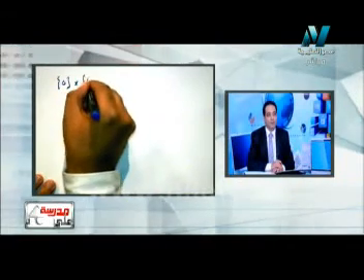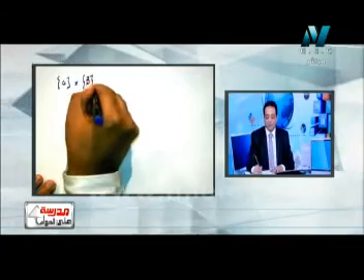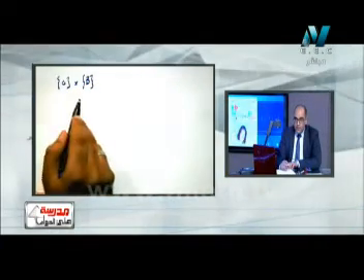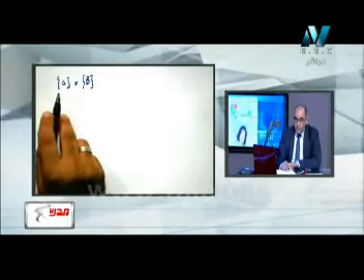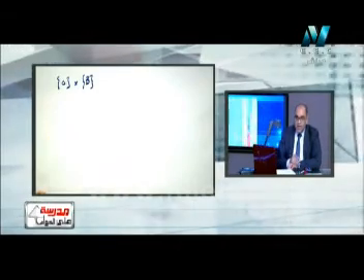All right. Let us discuss this: set of 0 product set of 3. Here we have two sets. The first one has one element, which is 0. The second one has 3.